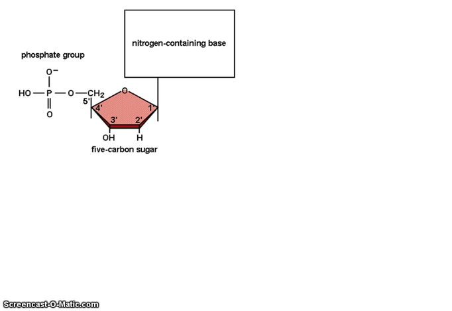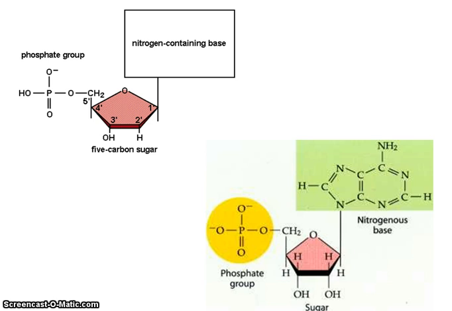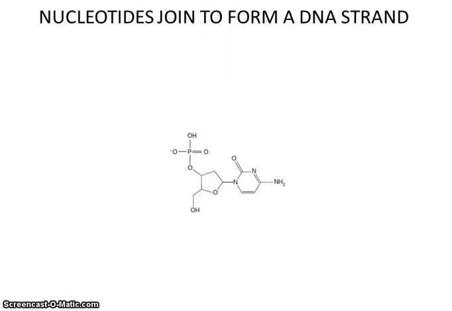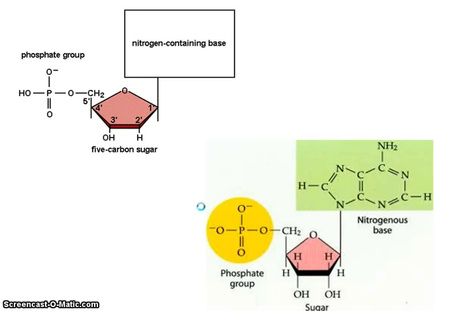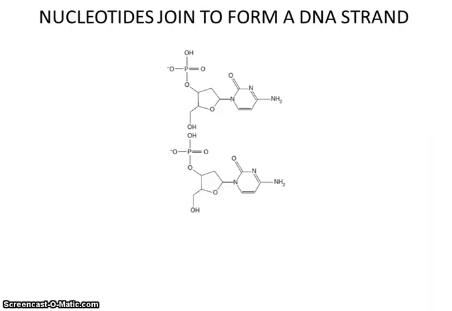So here's a nucleotide, here's another representation of a nucleotide, a little bit more detail there, and we can show them now joining to produce this DNA strand. So again, watch for the atoms on the phosphate and on the deoxyribose sugar here. So along comes a second nucleotide and a third nucleotide, and here are the condensation reactions causing them to bond together.